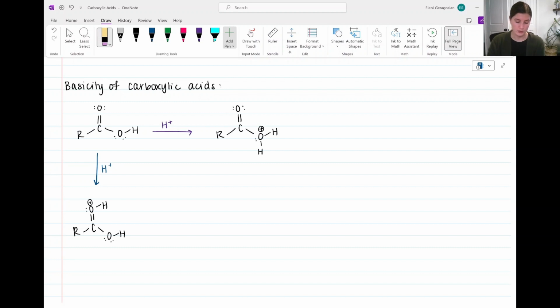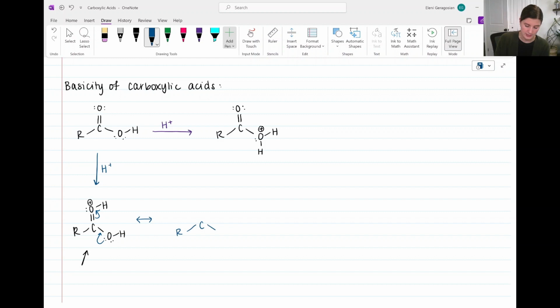Now, if we look to the molecule drawn towards the bottom of the page here, this positive charge is delocalized. The oxygen from the OH group can share electrons to create a double bond there, and the electrons in the pi bond can resonate to be owned by the carbonyl oxygen.